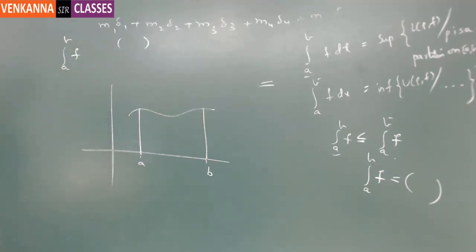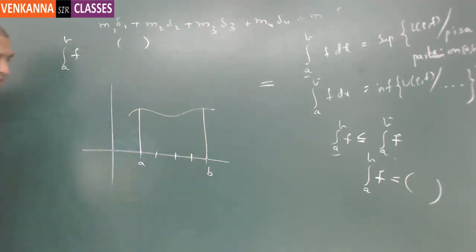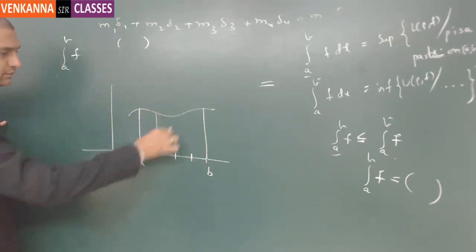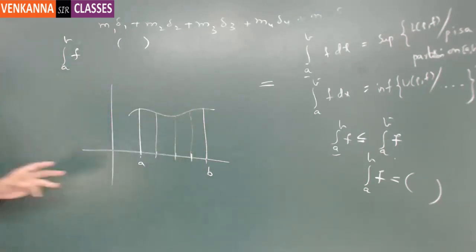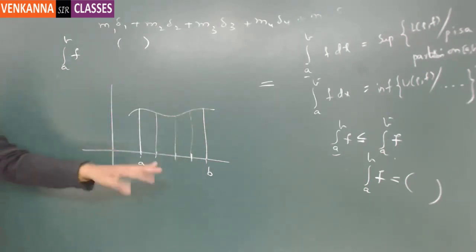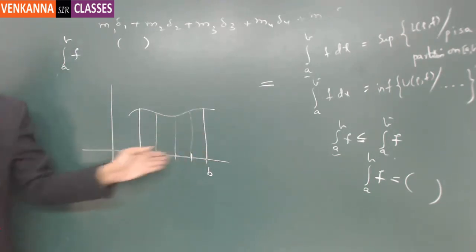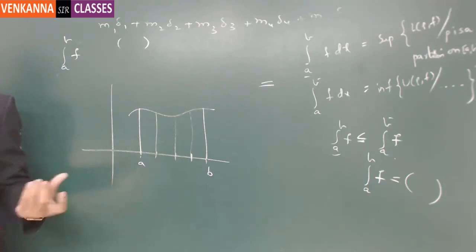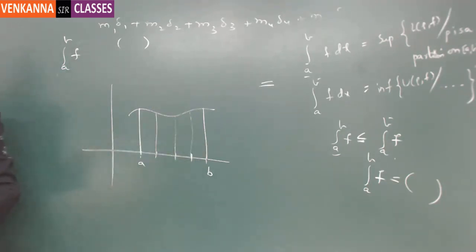Now, if you have taken a partition on the interval, meaning you have randomly selected some points here, so that you have some segments here. Selecting a partition is arbitrary, so you can take any number of segments between A and B. That is up to you. For our convenience, I have taken 1, 2, 3, 4 segments here.